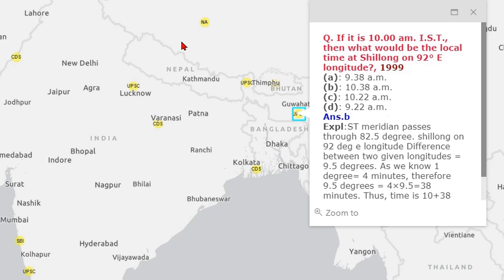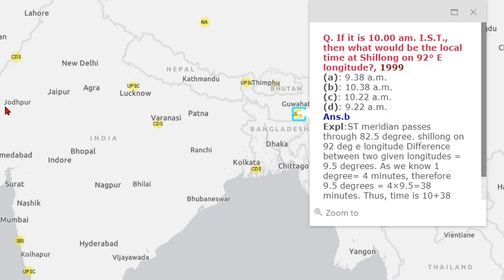So the thumb rule, a very important rule, is that if you are moving towards the east side, you have to add the time, because the sun has already risen there. And if you are moving towards the west side, you have to subtract the time. This is the thumb rule.